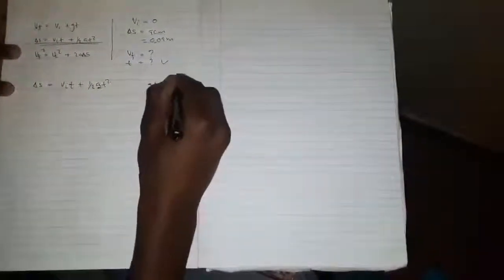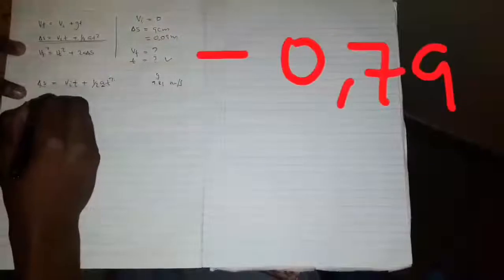To know the time, we use the second equation, delta s equals vit plus half at squared. This a, as I've said before, is 9.81 meters per second squared, as it is the gravitational acceleration. Then delta s will be minus 0.09 meters, as the distance decreases, so we put a negative sign there.